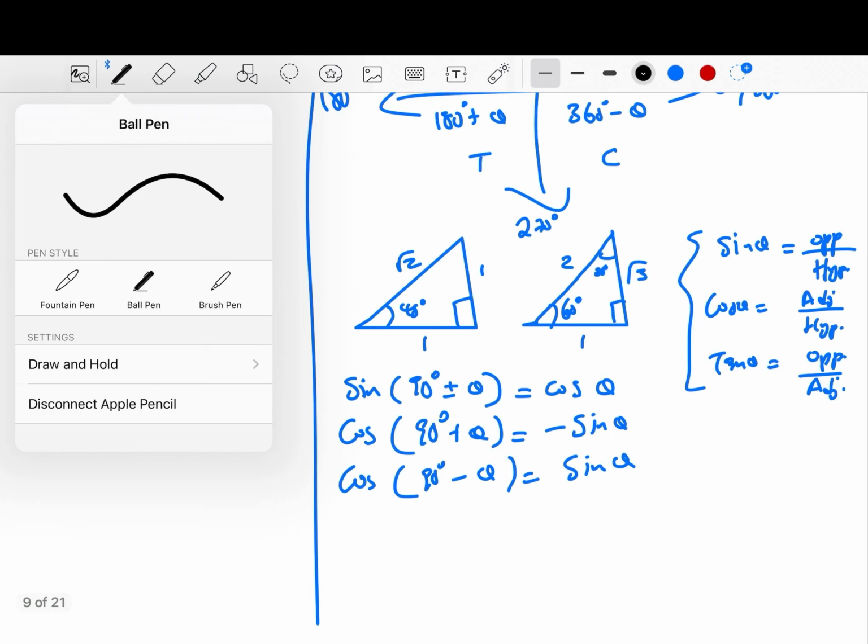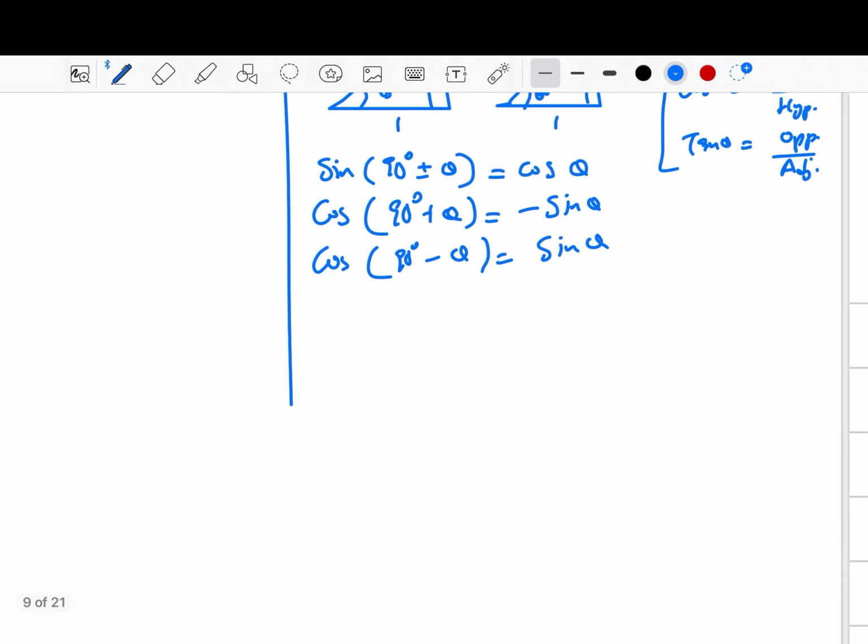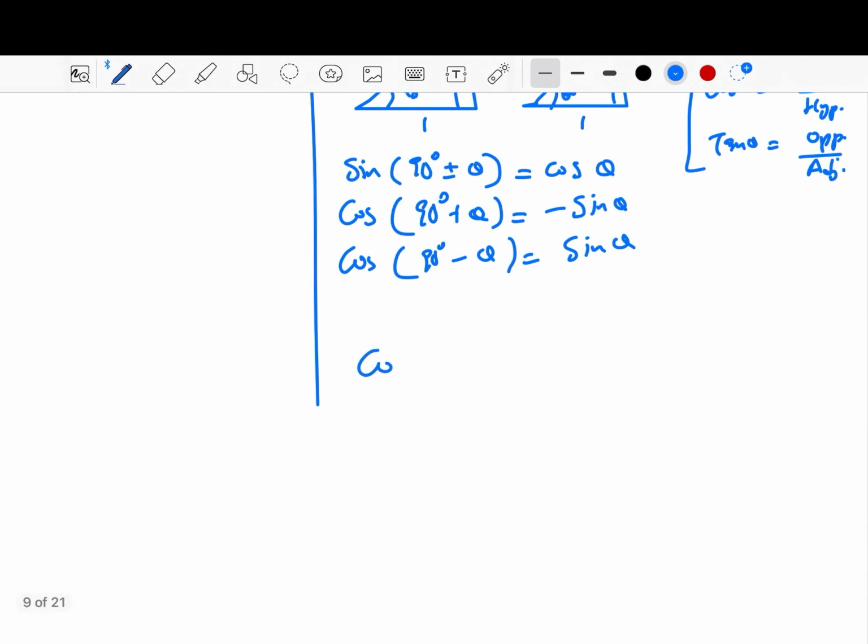If you have cos of a negative, right? Cos of a negative is going to be positive cos theta. But if it's tan of a negative, it's going to be negative tan theta.